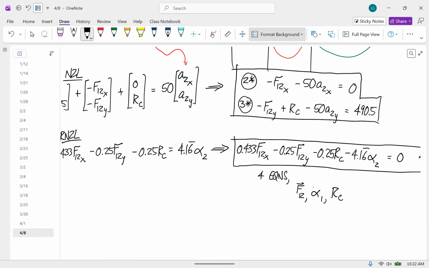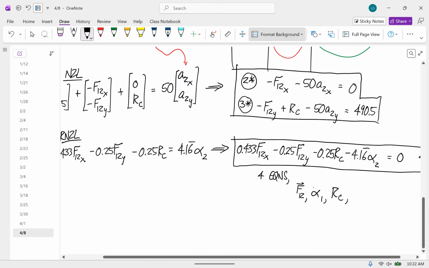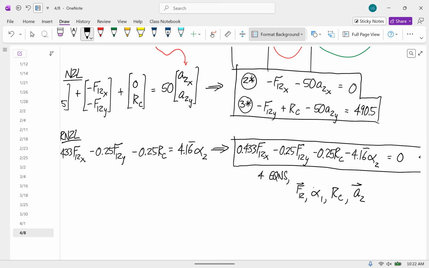And we have the acceleration of the center of mass of 2, X and Y components. So I'll write that as A2. So how many variables do we have? 2 here, 2 here, so 4, 5, 6. Alpha 2, to be sure, and alpha 1. Thank you. Yes, very good. So 7 variables.